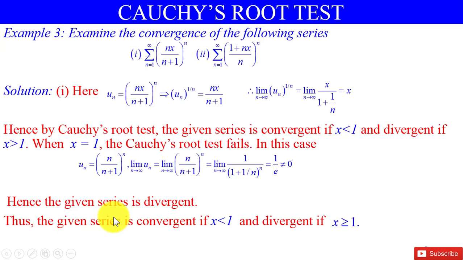Since it is not equal to 0, the given series is divergent. Thus, the given series is convergent if x is less than 1 and divergent if x is greater than or equal to 1.